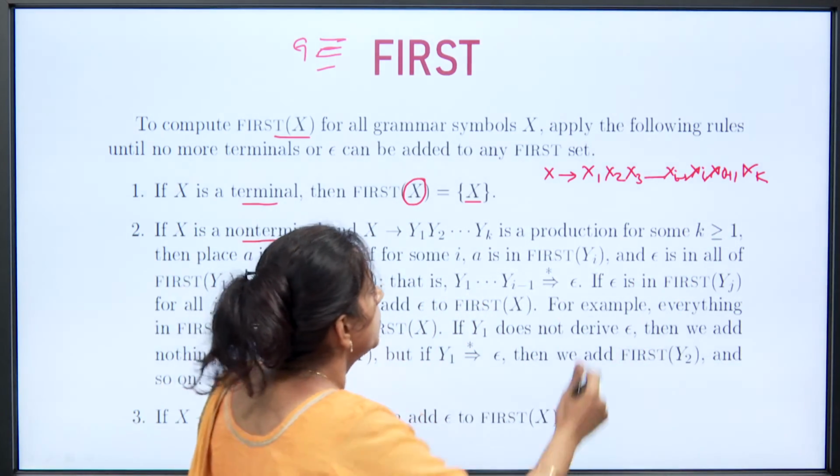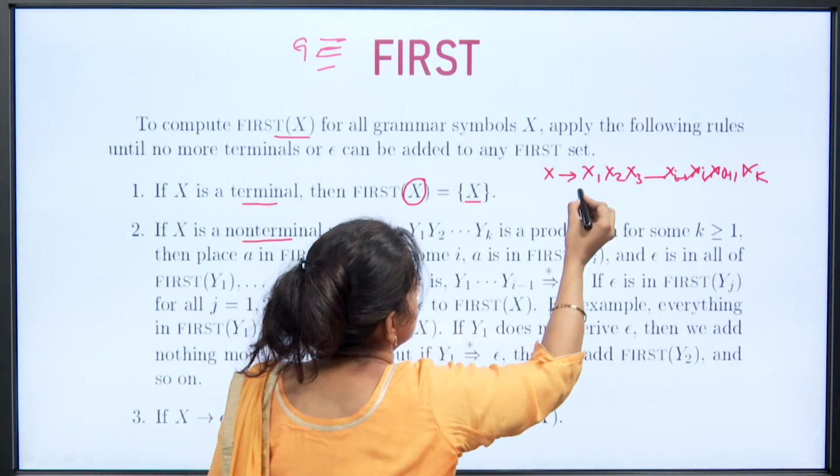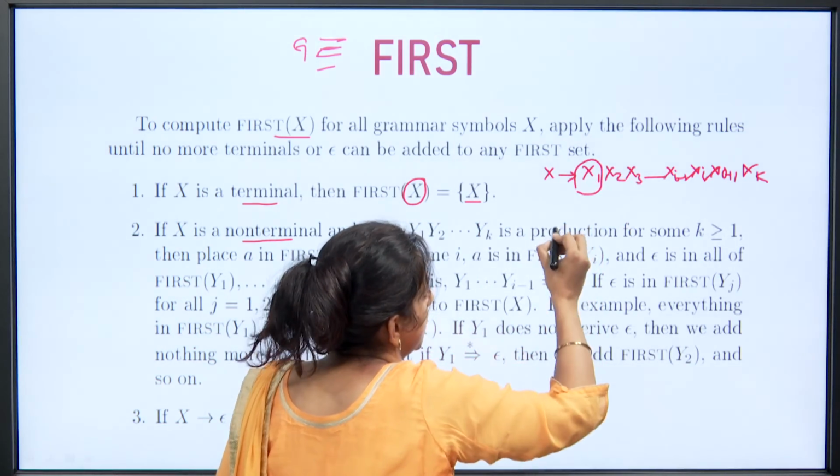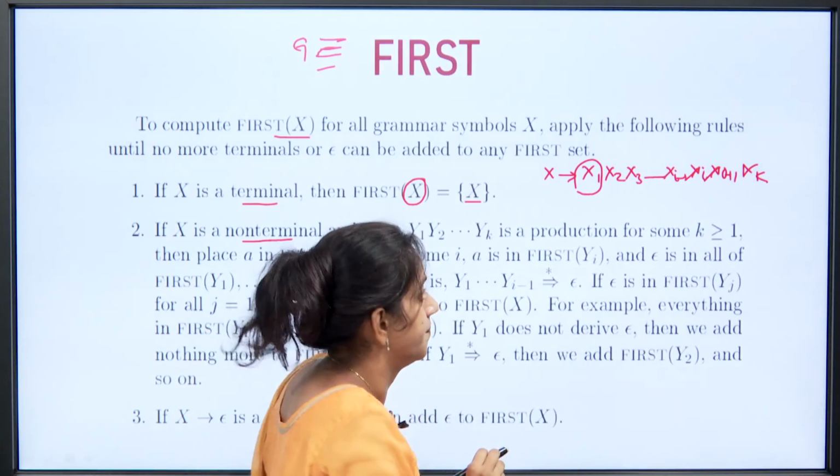Now, what we will do for obtaining first of X is obtain first of the right hand side. So, we will obtain first of Y1.